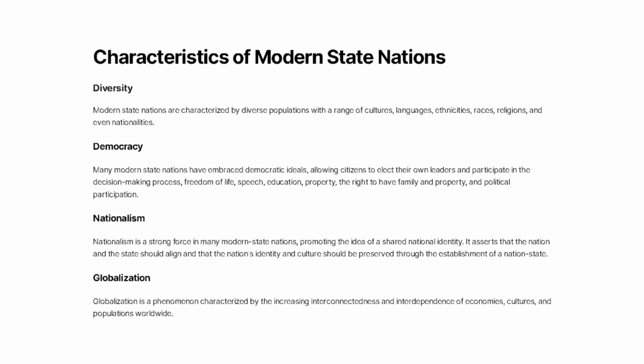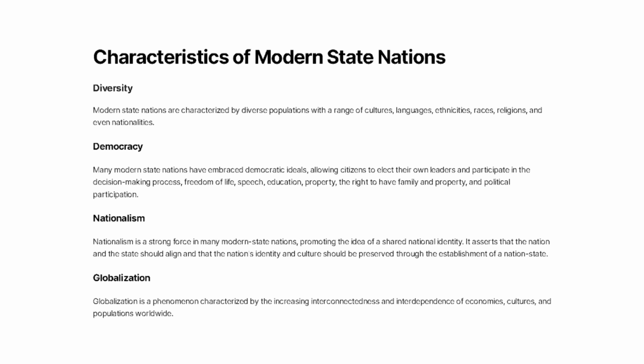Democracy. Many modern state nations have embraced democratic ideals, allowing citizens to elect their own leaders and participate in the decision making process, because the decision making process is of utmost priority in democracy.